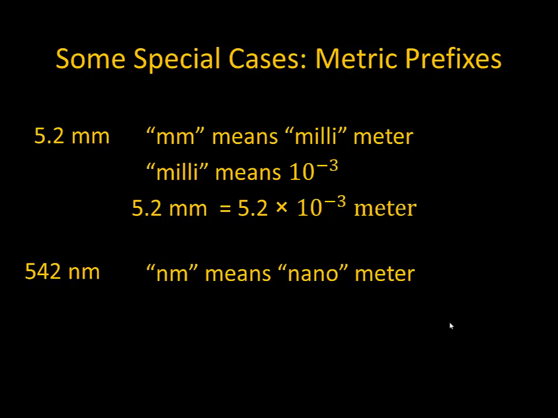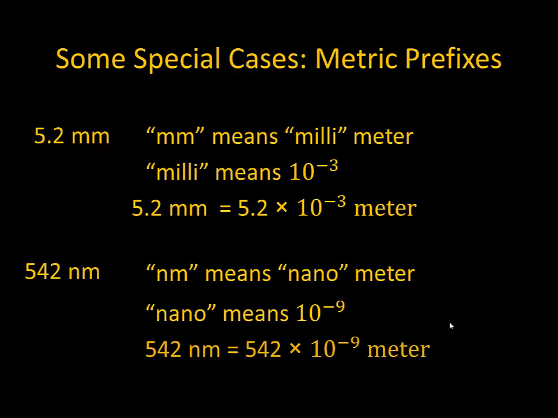In the metric system, nano has a particular meaning. It means 10 to the minus 9th. So we replace the N in the nm with times 10 to the minus 9th. And 542 nanometers is 542 times 10 to the minus 9th meters.